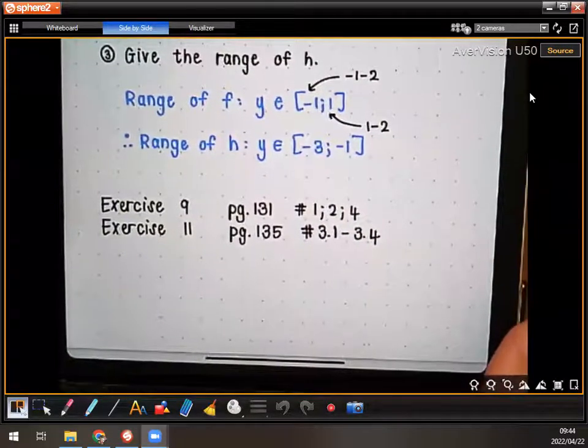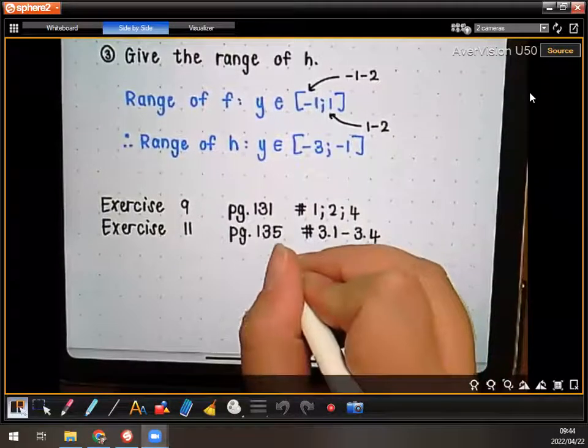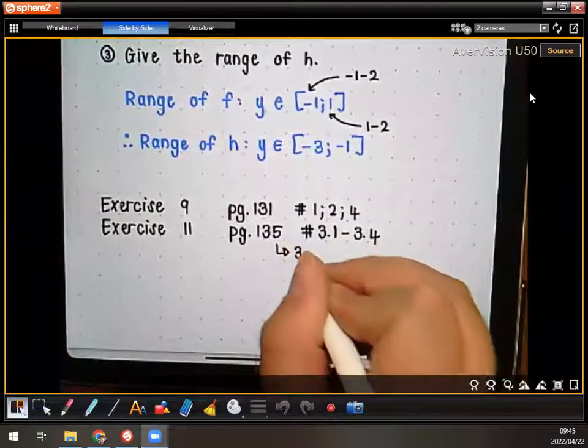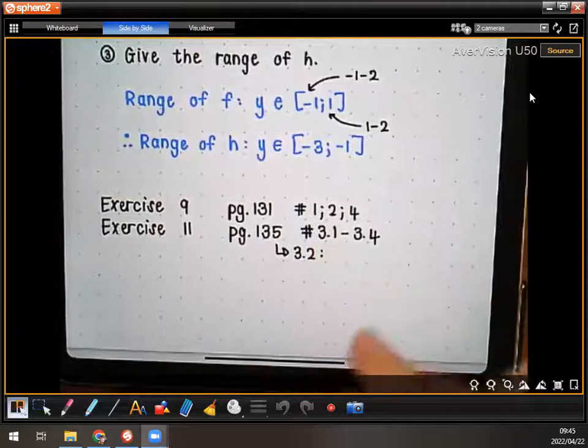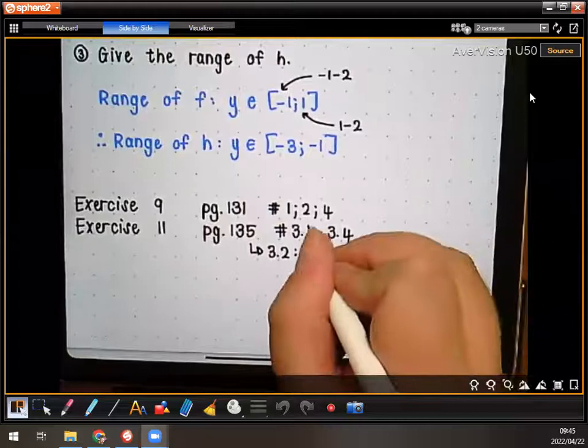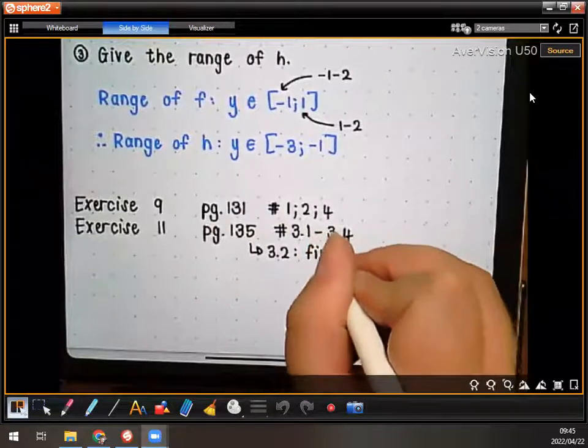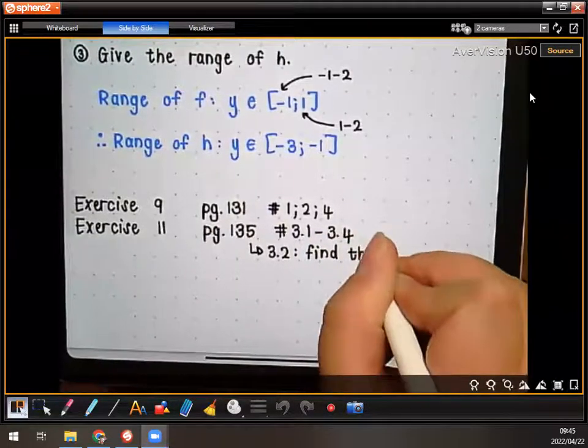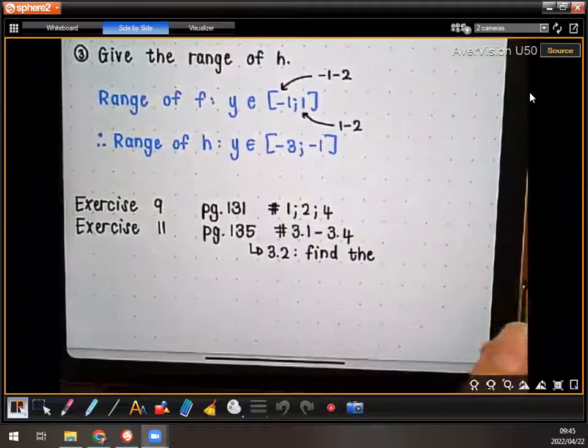Guys, for 3.2 here, I just want to change the wording of that question, just to find the equations of the graphs, because they have written the equations in a strange way, which I don't like.